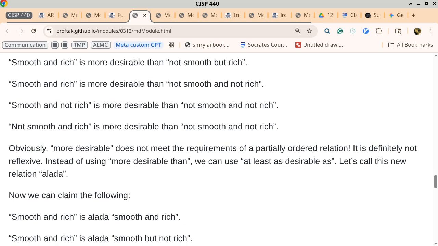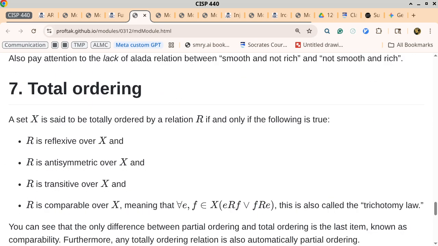So totally ordered is basically partially ordered plus one last thing, which is comparable. If R is comparable over X, it means that for every e and f in X, for every way to choose e and f as elements of X, eRf or fRe.